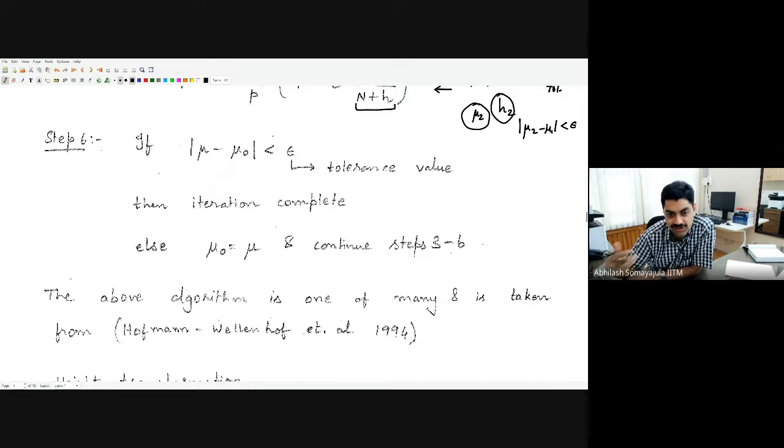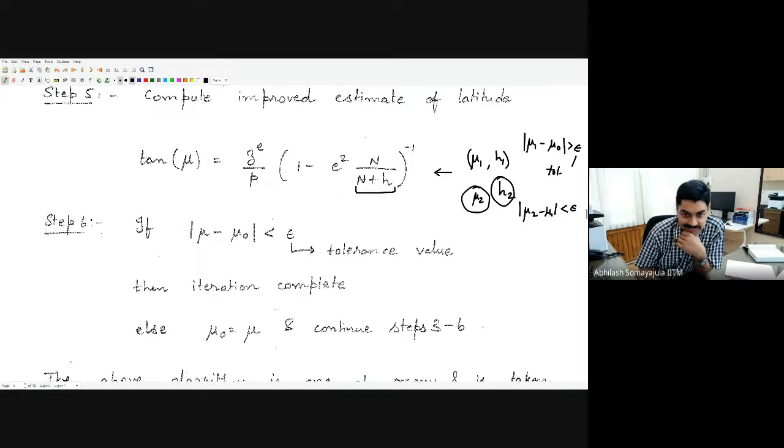This keeps on going until convergence happens. So this is basically telling you that if I am given a value of XE, YE, ZE, I can compute L, mu and h. L can be computed from these two quantities directly, but mu and h we have to solve iteratively.